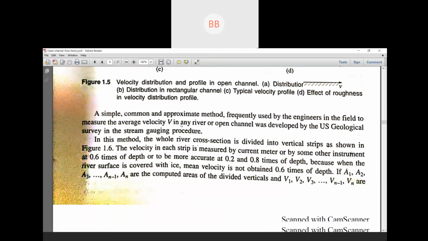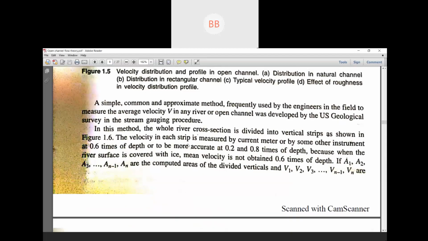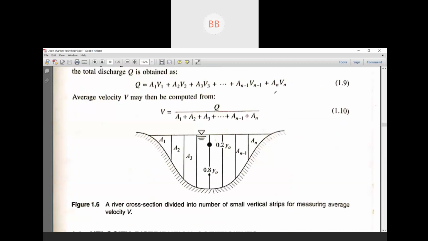This is what we are talking about. When you have a cross section of a channel, we are going to divide the cross section into a number of sections.